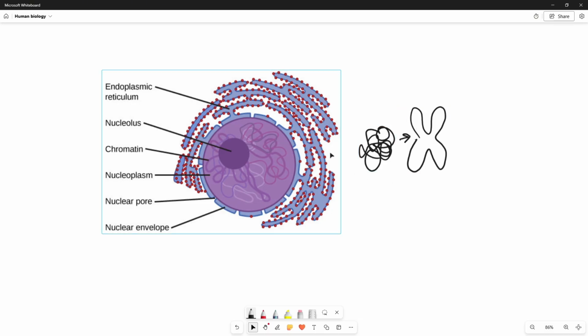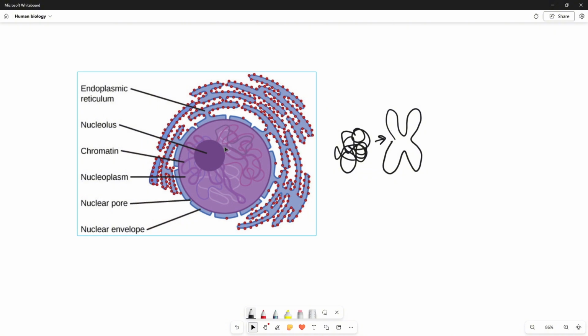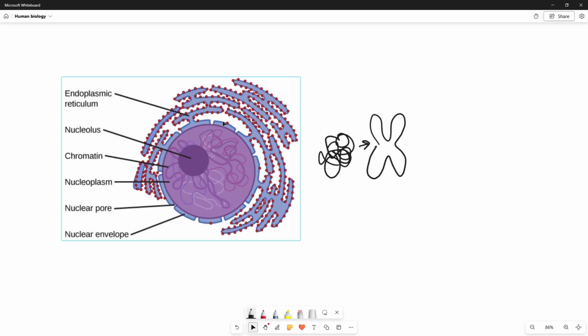What we also need to know is that the nucleus is in charge of gene expression. You'll have certain genes that need to express and certain things that just don't express. I think this is basically what you need to know.